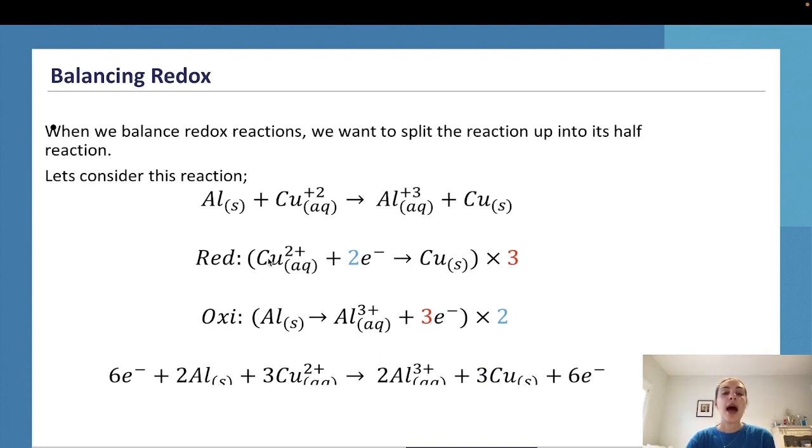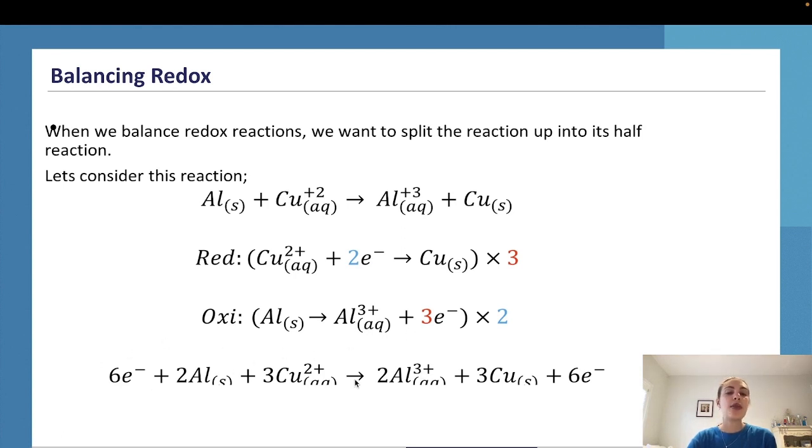We can then add up the reactions together. So we'll end up with 3 copper 2+ plus 6 electrons makes 3 copper solid, and then we'll end up with 2 aluminium solid makes 2 aluminium 3+ plus 6 electrons.